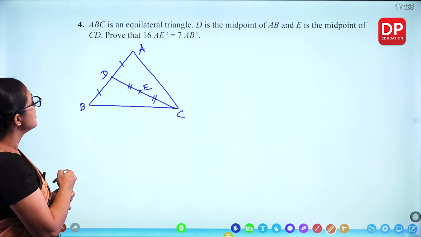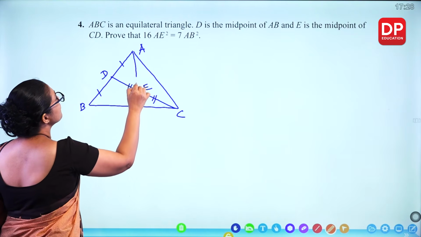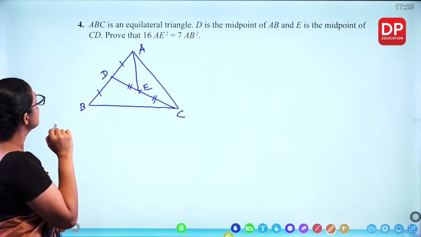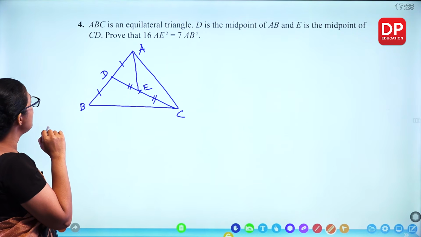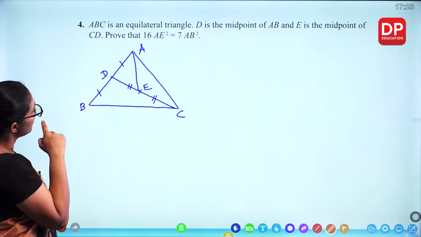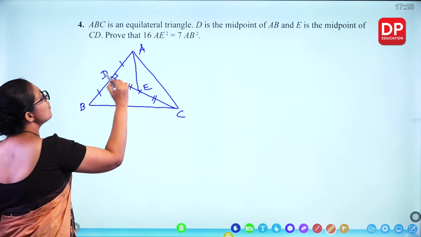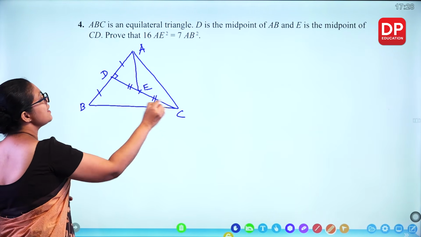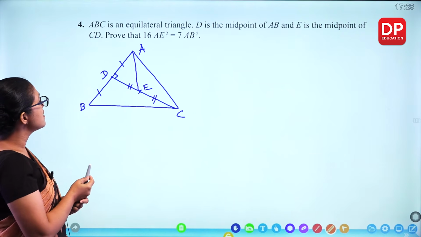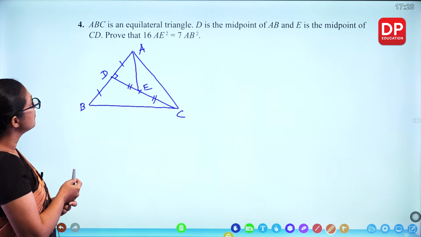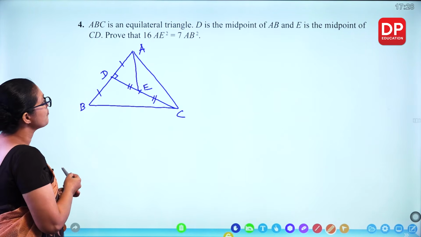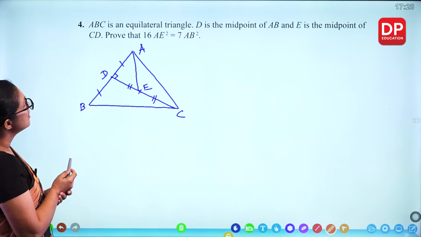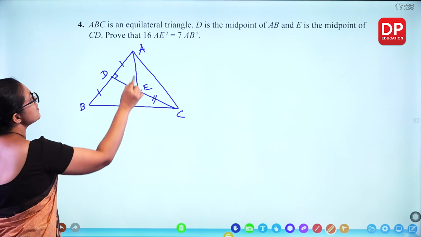Prove that 16 AE squared equals 7 AB squared. We know when you draw the perpendicular here, the midpoint, it's perpendicular. So this is 90 degrees. Now we'll use the Pythagoras theorem for this triangle.